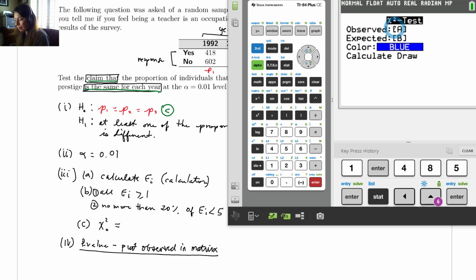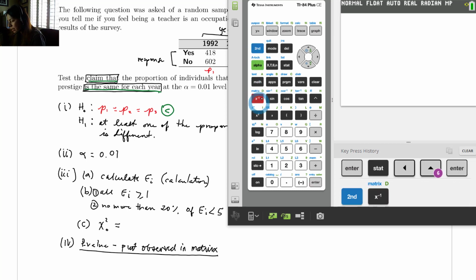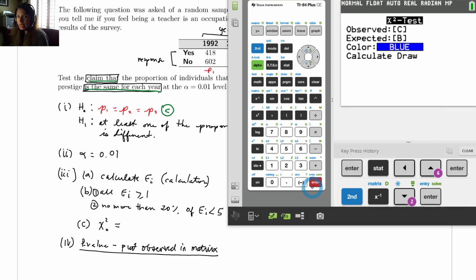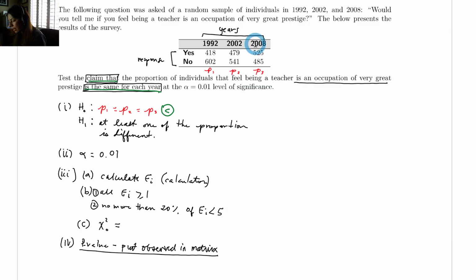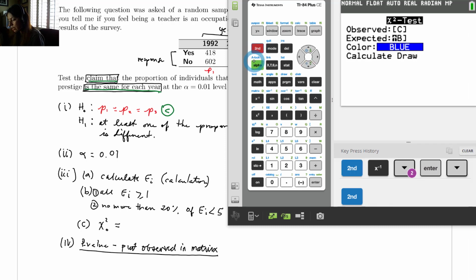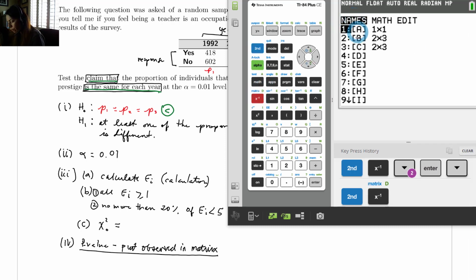I would go back to the matrix menu, second X inverse, and from the names, I would go down and select the one that was observed, so 3. And therefore, I would have to use expected as an empty matrix. So second, X inverse goes to the matrix menu, go to the names and select an empty one, which would be 4D.